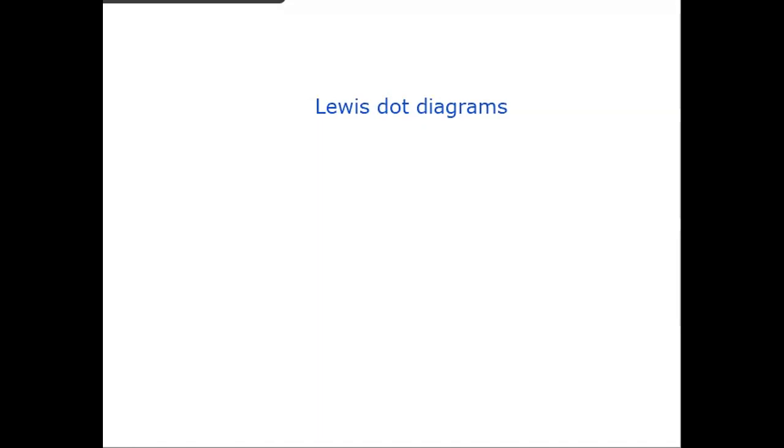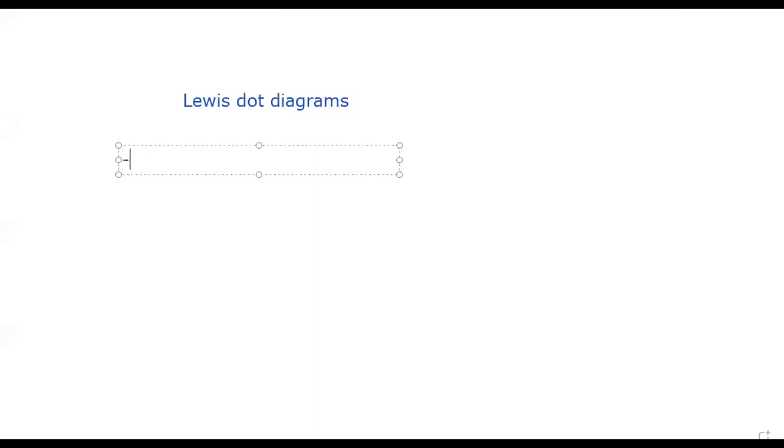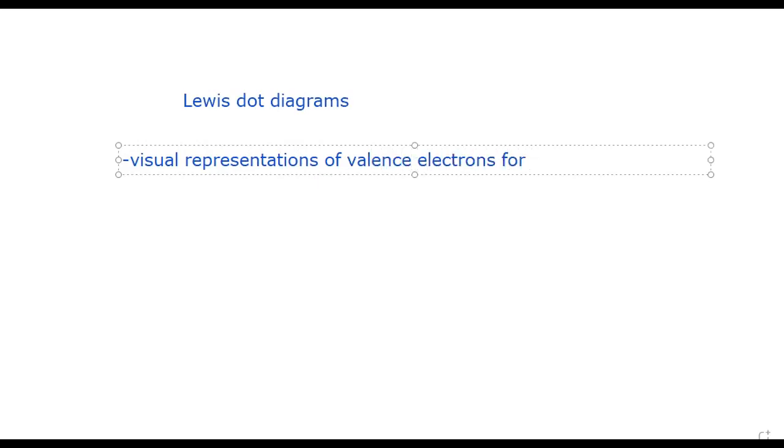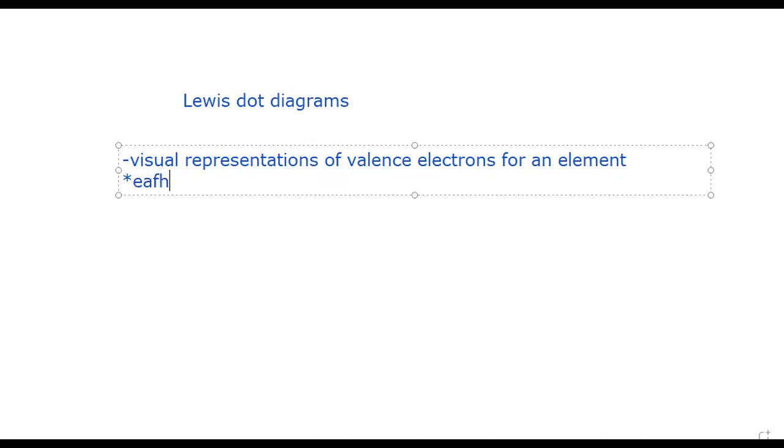Well, Lewis dot diagrams are visual representations of the valence electrons for a given element. In these, each valence electron is represented as a dot.